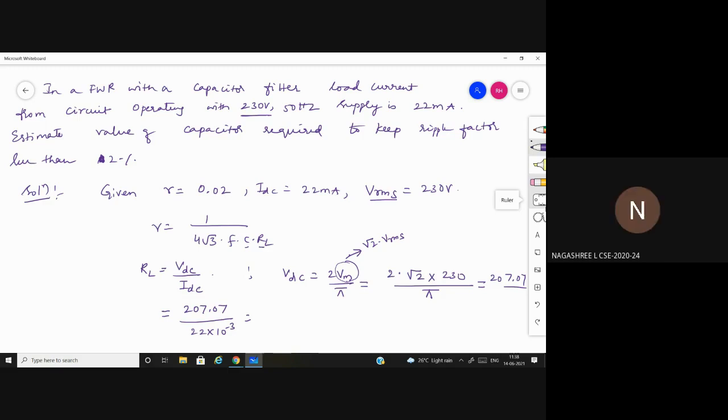941.36 ohm. Okay. So we found RL. Now it is simple. Substitute the RL value here and replace C. So we'll rewrite it again. C is equal to, we are just rearranging this formula, 1 divided by 4 root 3 F into RL.